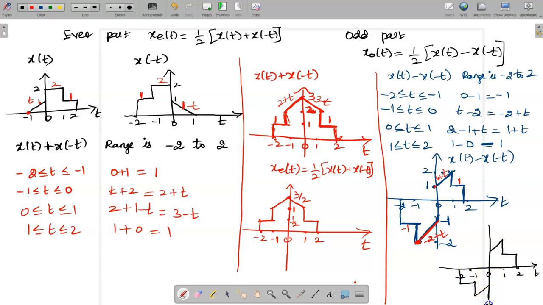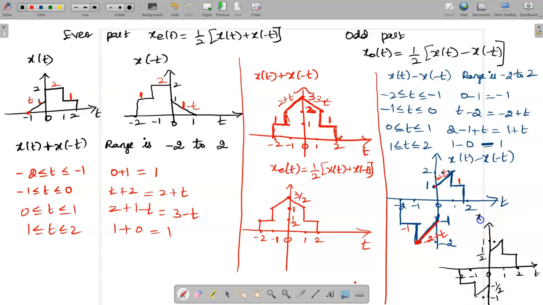Now for the odd part we have to multiply by 1 by 2. So 1 into 1 by 2 is 1 by 2. 2 into 1 by 2 is 1. Similarly, minus 1 into 1 by 2 is minus 1 by 2. Minus 2 into 1 by 2 is minus 1.